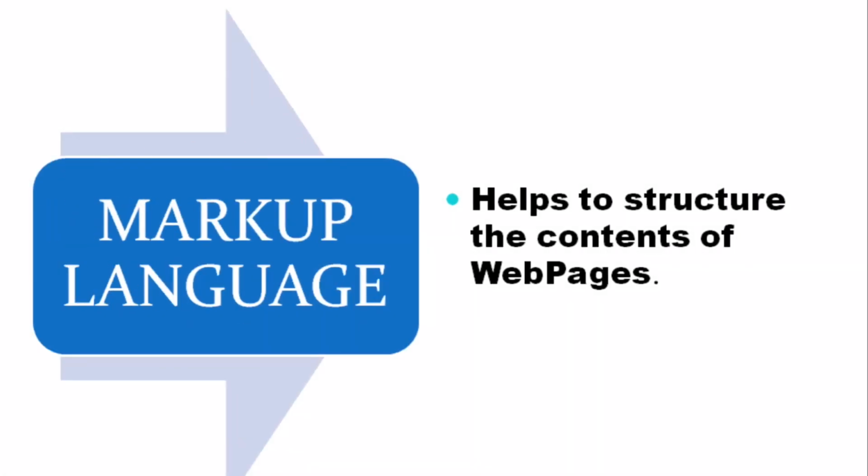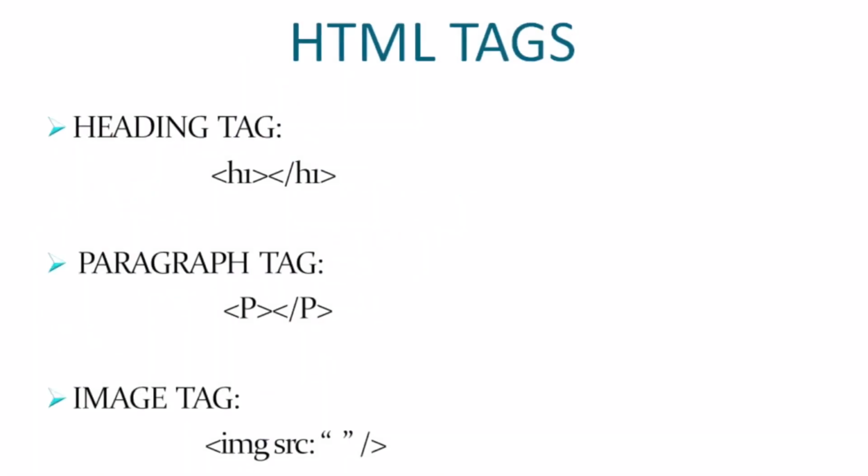And the markup language part helps us to structure the contents of web pages. With the HTML tags, an HTML file can perform all of its functionalities. For example, with the HTML heading tags, you can add a heading to your website. With the paragraph tags, you can add paragraphs to your website, and also with the image tag, you can add photos or pictures to your website.